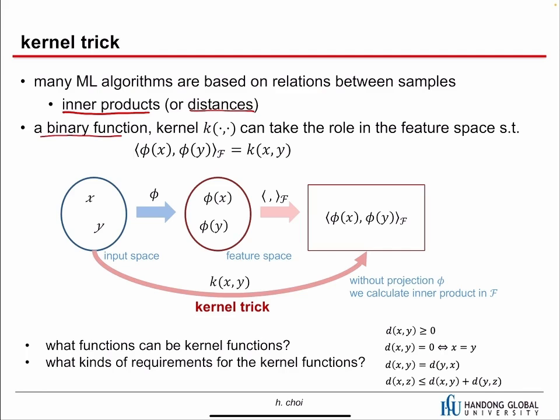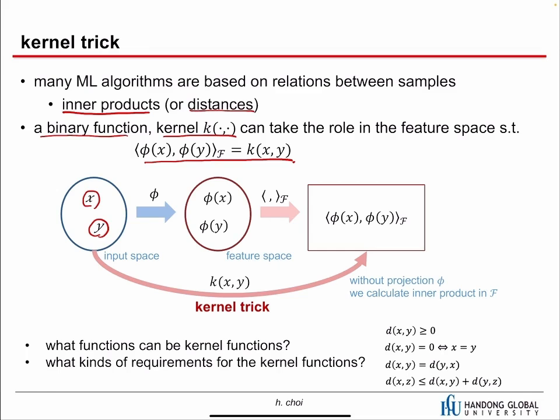A binary function, kernel k, can take the role in the feature space. Let me explain what kernel trick does with this figure. So in the input space, we have 2 points, x and y. And this input space is really complicated, and we don't like this.